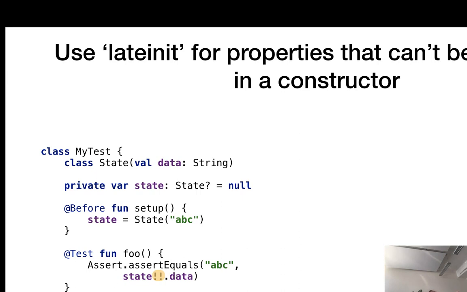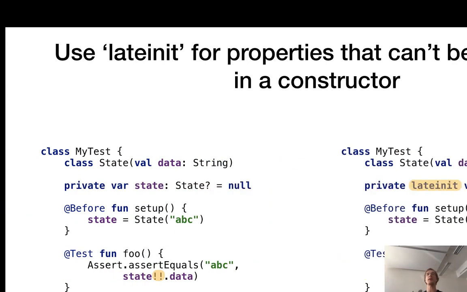And this is not very nice because every time I access this field, I have to use these ugly double bang characters, which is a sign that I'm doing something wrong, and those should be avoided whenever possible. So how can I do better?